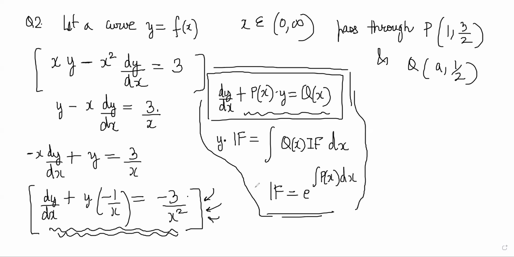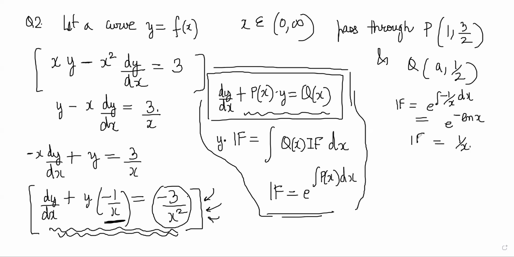In this case, my p(x) is minus 1 by x and q(x) is this. So the integrating factor is what? e power integral of minus 1 by x dx. So that is becoming e power minus ln x, right? So that is simply 1 by x.